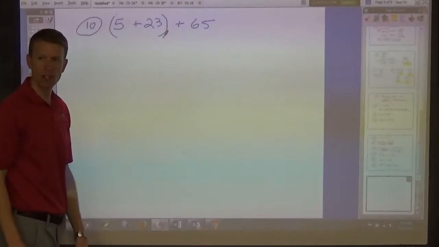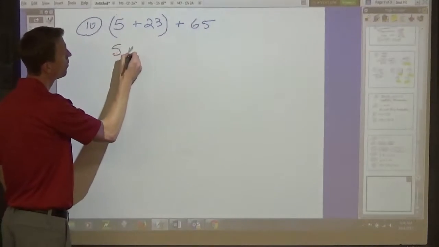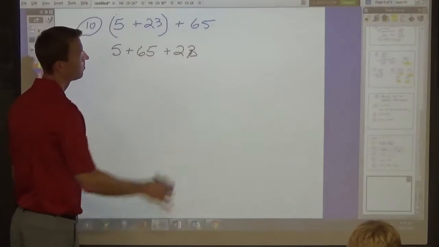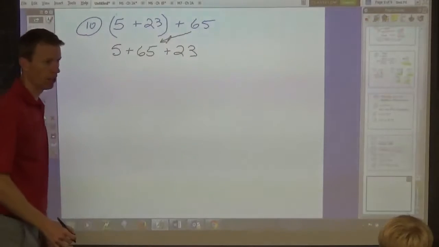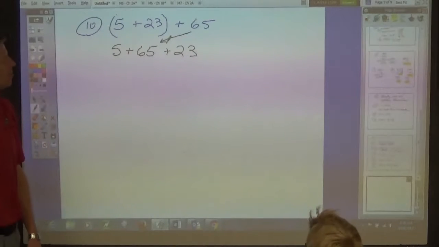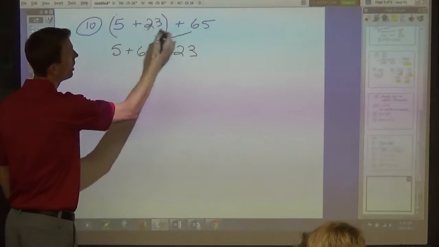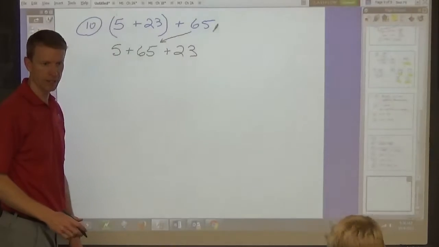If you're going to use the commutative property, it says you can change the order. And so you could do 5 plus 65 plus 23, and move the 65 to the middle. That's the commutative property. Or you could change the problem by using the associative property.